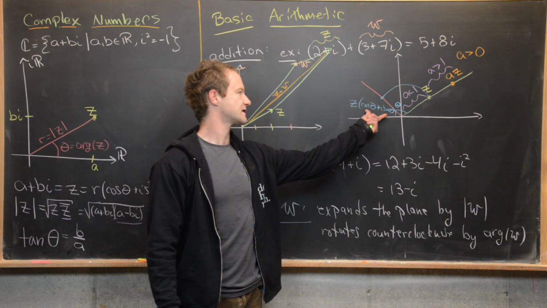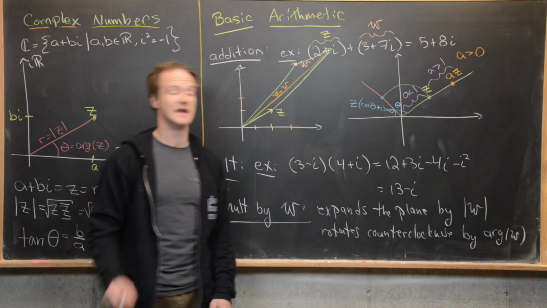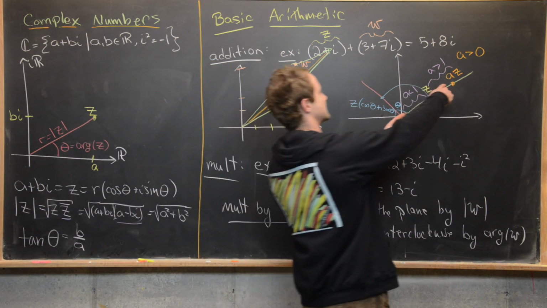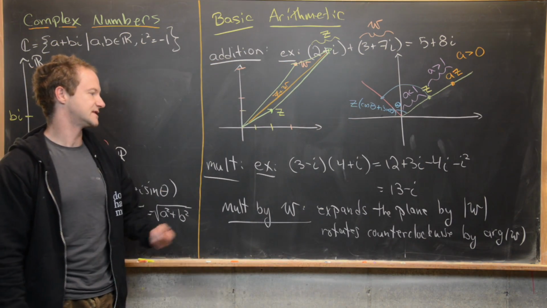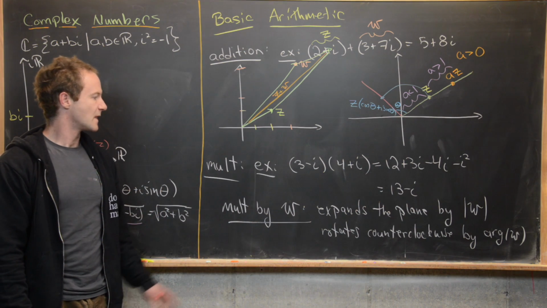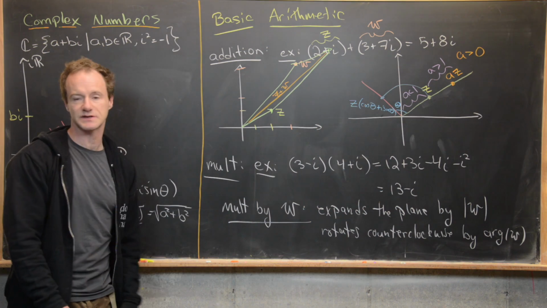Because notice all that's really left here is the argument. The modulus of this cosine theta plus i sine theta is 1. But then all that's left in the case where we have just a positive real number is the modulus of the number. Okay, so that's a nice geometric interpretation of addition and multiplication.